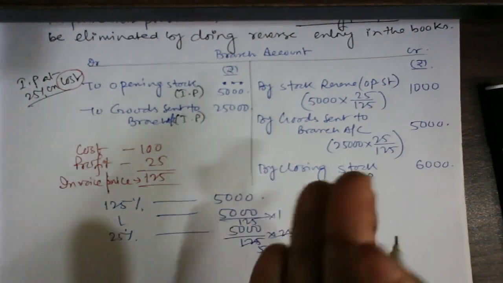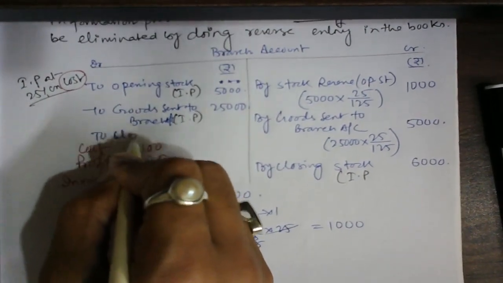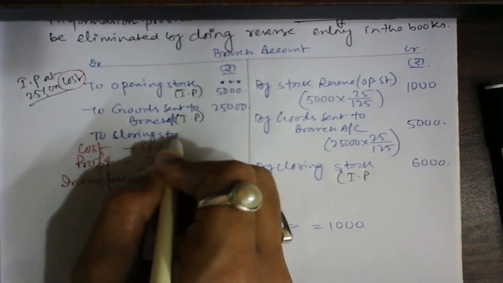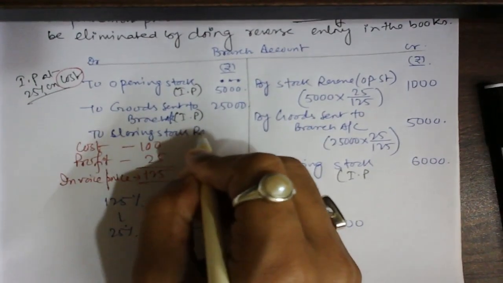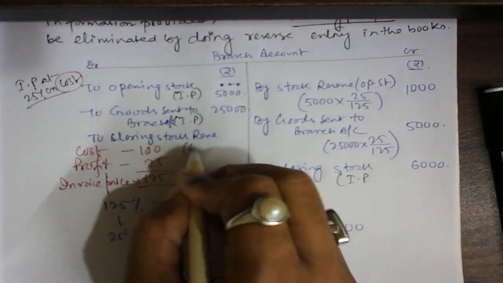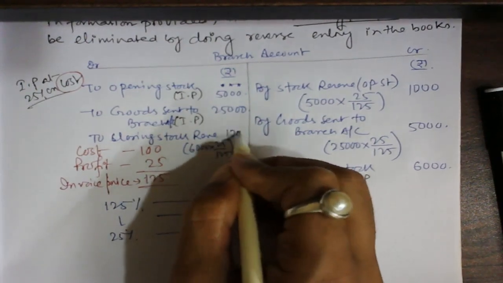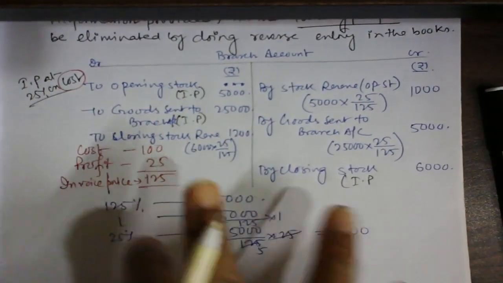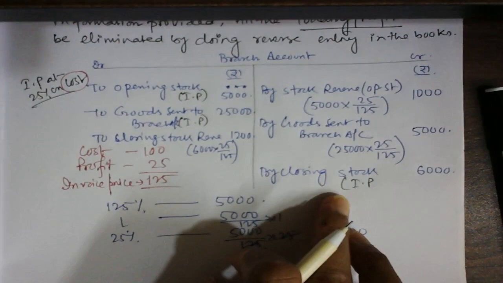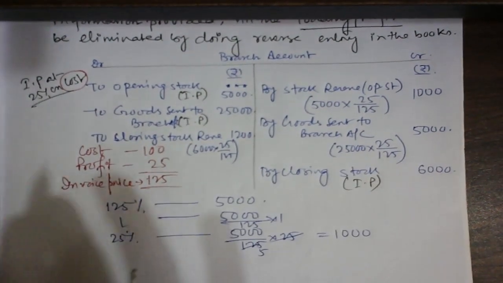Then what will be the unloading entry? Obviously, we write here to stock reserve, or in brackets closing stock reserve. The calculation is 6,000 into 25 by 125, which means 1,200. Once you write 1,200 on the opposite side of the closing stock, it means the loading is unloaded and the cost price is reflecting on the credit side.